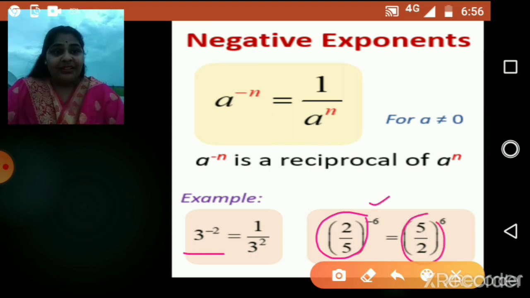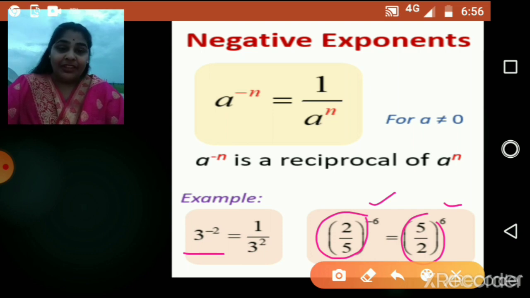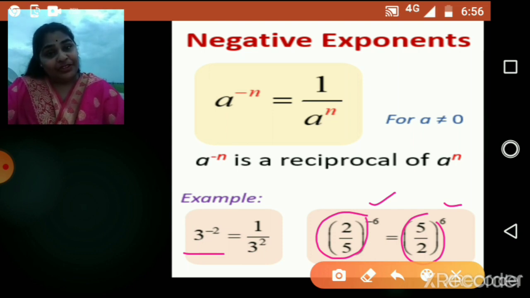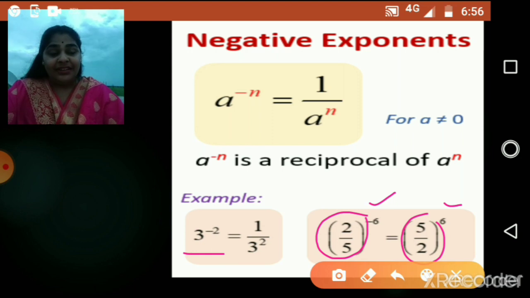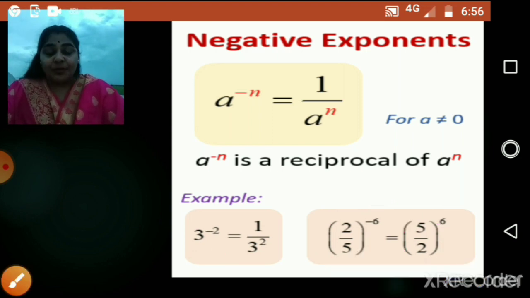And the exponent here, negative 6, becomes positive 6. Once the exponent becomes positive, then again we can apply the same rules which we apply for our exponents, right? So this is how you are going to solve the sums when the exponent in the power is negative.